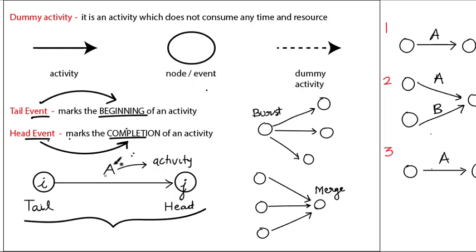An activity's name is written on top of the arrow and its duration below the arrow, in brackets, for example 3 days, 2 days, whatever it is. This is how a single activity is represented in a project network diagram. It has a tail event and a head event.